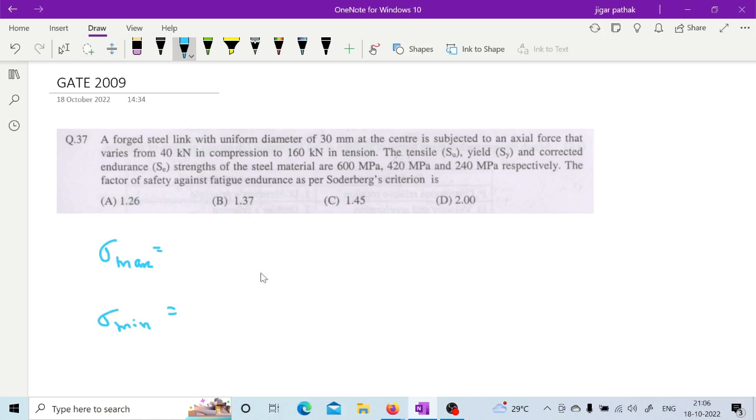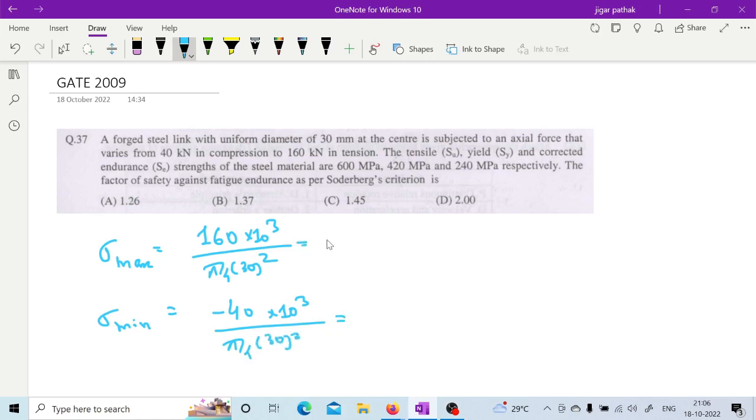The diameter is 30 mm, so maximum force is 160 kilonewton in tension and minus 40 in compression, so it will be 10 raised to 3 divided by pi by 4 d square. D is 30 mm. That is maximum is coming 226.47. Okay.